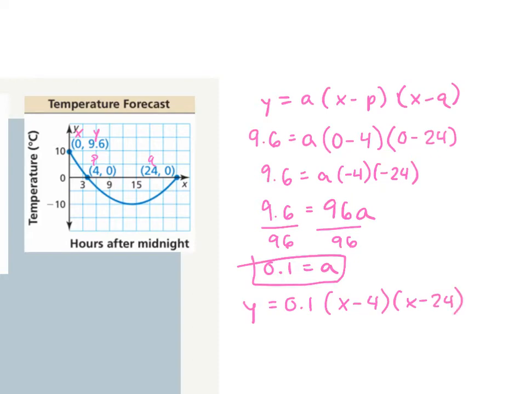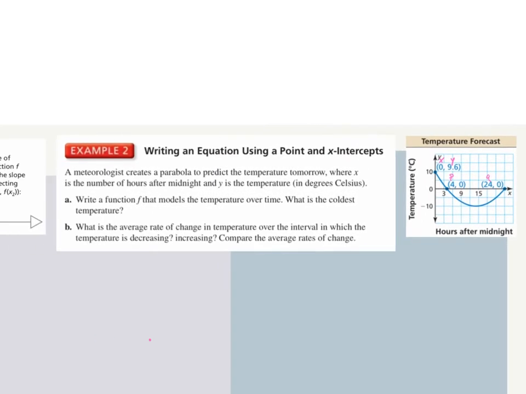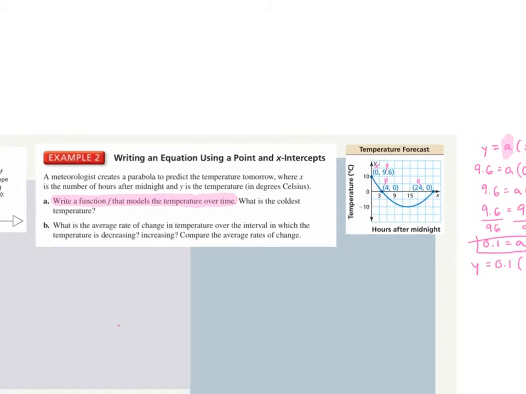So here, it's important that we plug in the A, and we plug in our P, and plug in our Q. So yesterday, we plugged in our A, H, and K. Today, we're plugging in A, P, and Q. Okay, that's the first part of the question. Write a function f that models the temperature over time. So that's our function here.